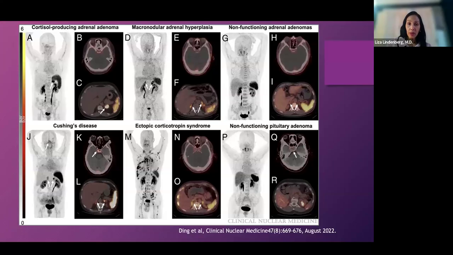This one is interesting because this is the ectopic ACTH syndrome, where this patient actually had a rare thymic carcinoid tumor removed, and you can see a lot of uptake corresponding to metastasis, which are driving the production of the cortisol in the adrenals. And here again, you can see that a non-functioning adenoma, this time in the pituitary, does not show uptake in the pituitary or in the adrenal glands.